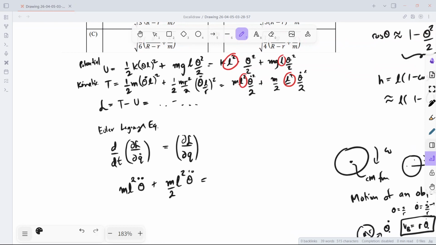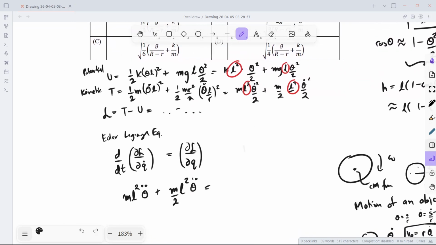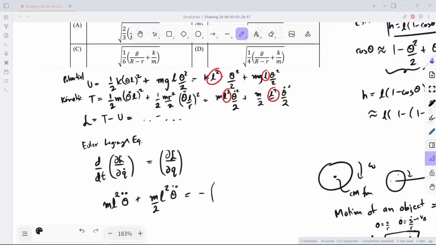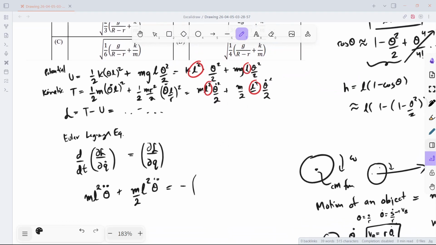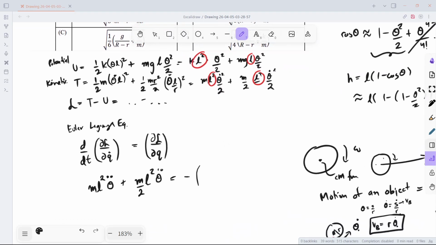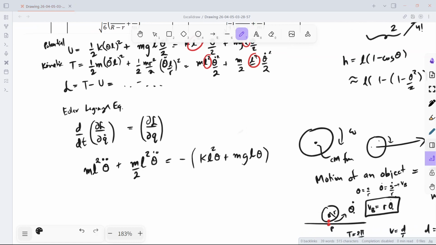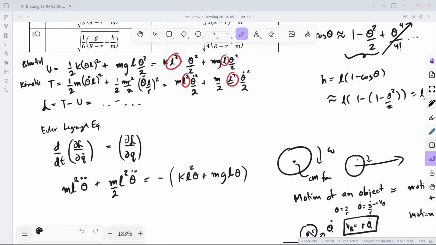Since there's a minus in L, you'll have a minus here, and we can differentiate with respect to q, which is our theta. Again, this theta squared will just be 2 theta, but it'll cancel with the 2, so this will become k L squared theta plus m g l theta. Very interesting.